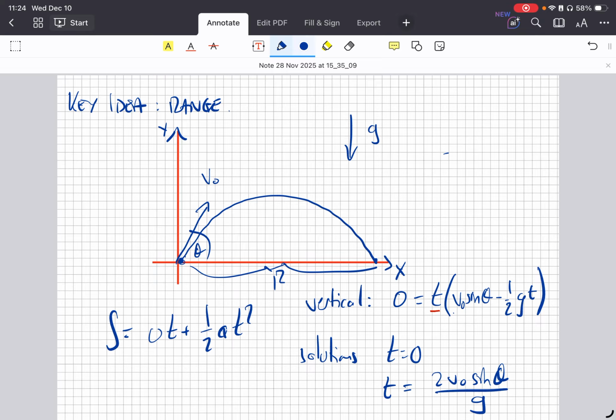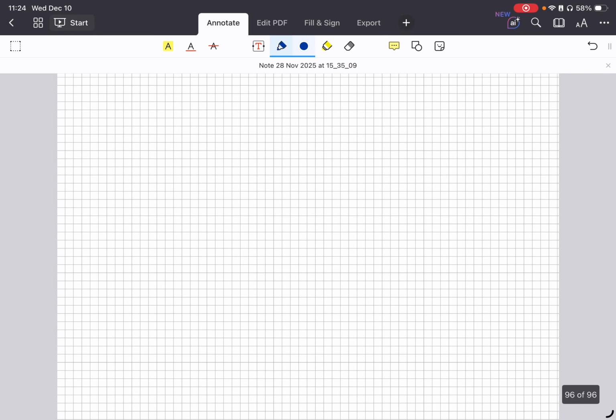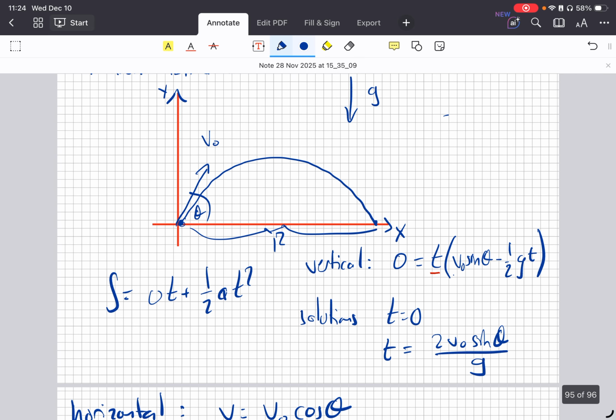Now that we know that, we can look at the horizontal component and calculate how far the particle travels in this amount of time. For the horizontal component, our velocity is just given by v naught cosine theta, because, going back to this diagram, v naught cosine theta is the component of the velocity along this x direction, and there is no acceleration acting in that direction. So that velocity is constant.